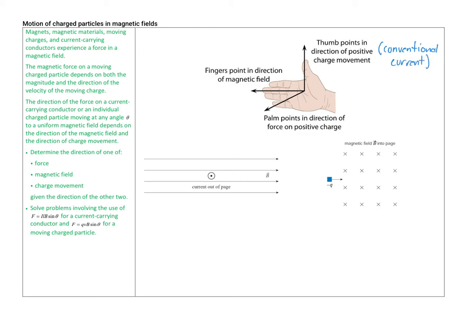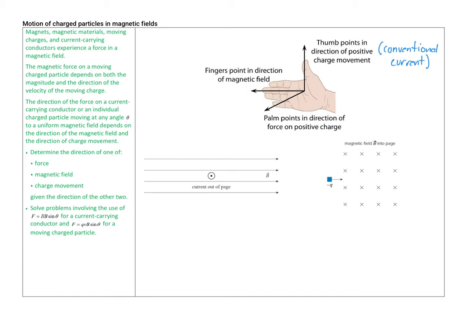Then, the way we work out the direction of the force is using the right-hand palm rule. And you can see from the diagram there, the thumb points in the direction of the charge movement. So in the case of this diagram here, the thumb is going to point straight up out of the page. The fingers point in the direction of the magnetic field. So in this case, the fingers point to the right.